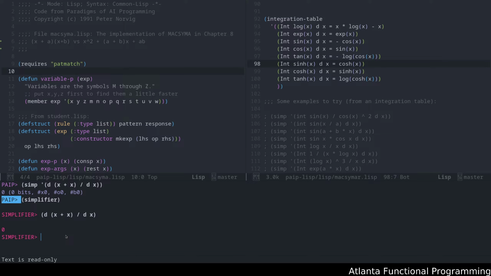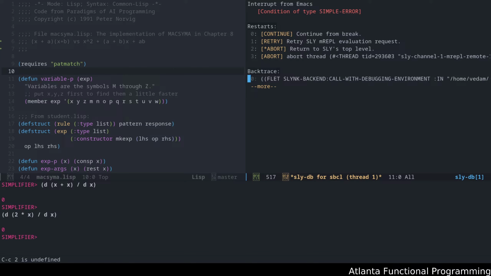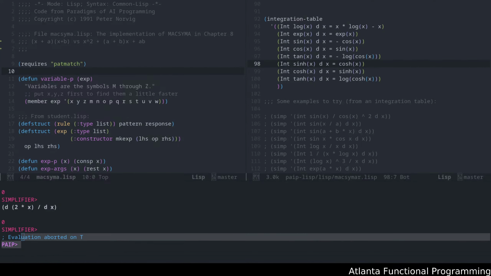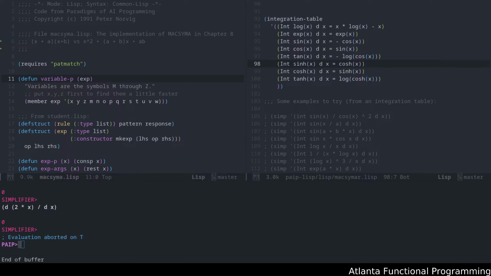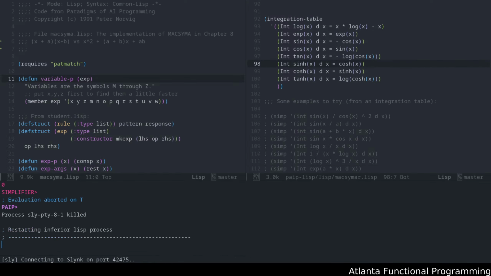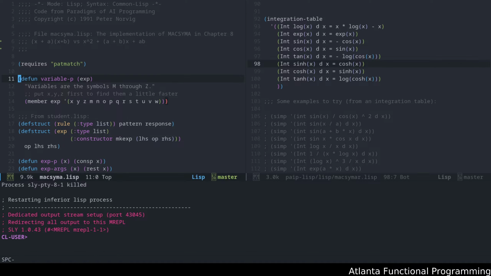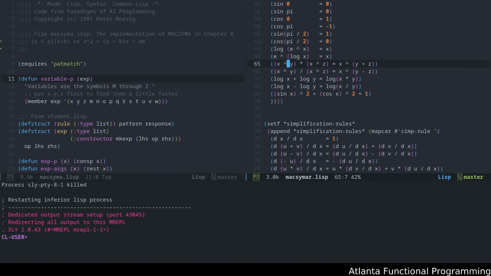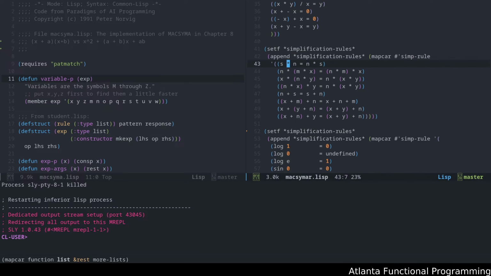Oh, right. D of 2 times x divided by dx. That's also 0. Huh. Hold on. That does not look right. Let's do this. Let's go here. Let's make sure that I didn't add any additional things here.